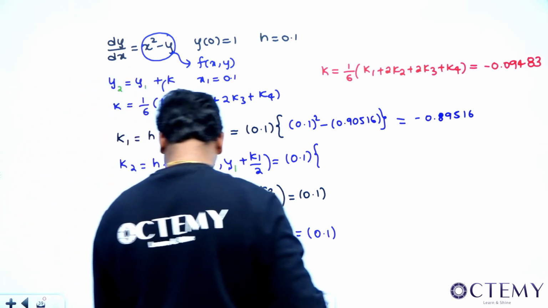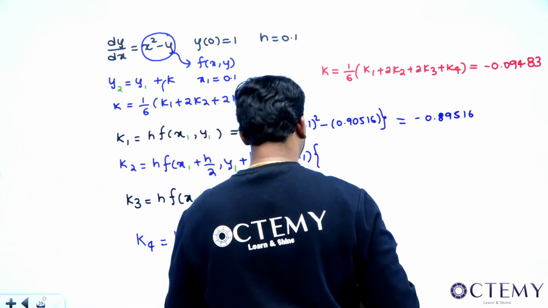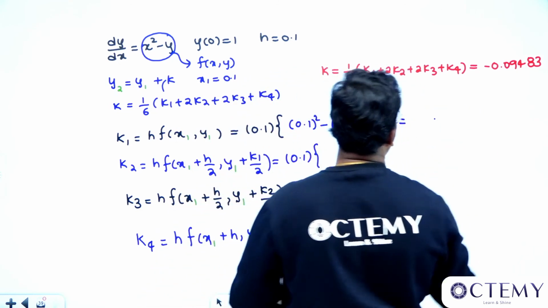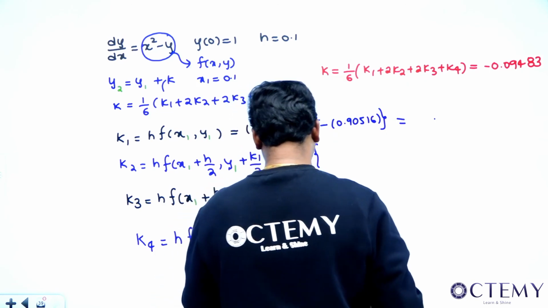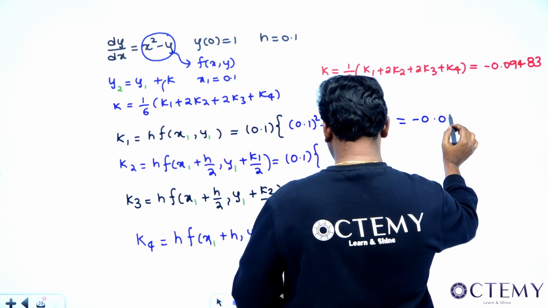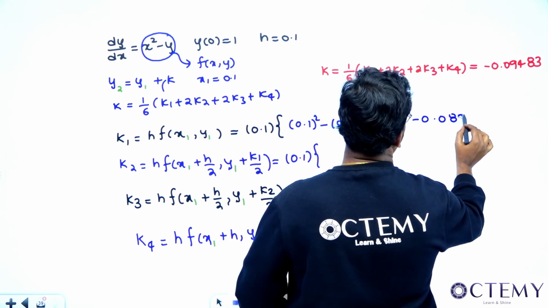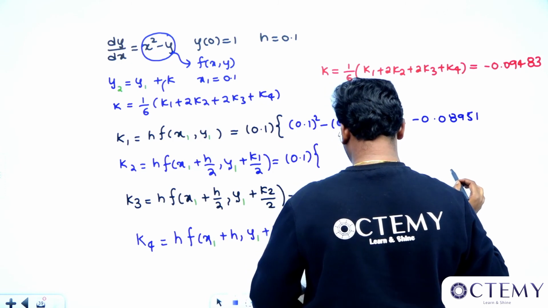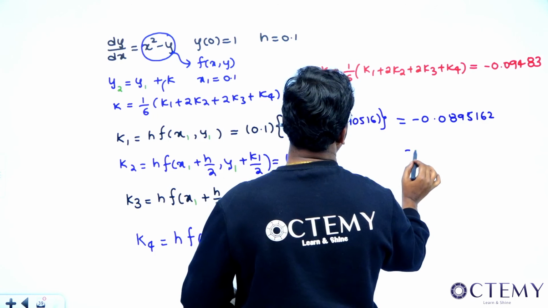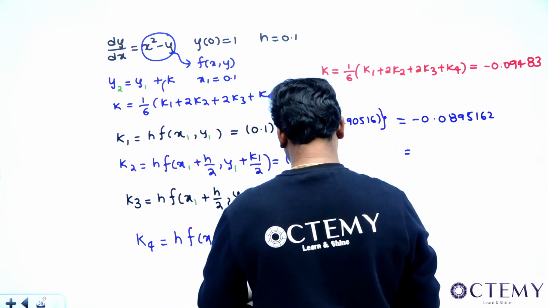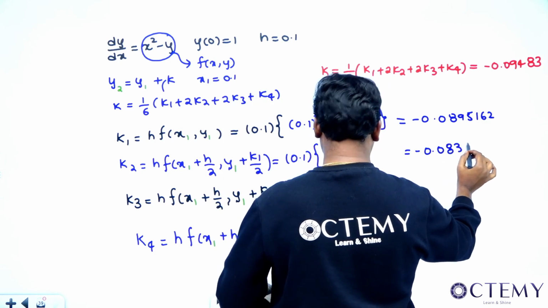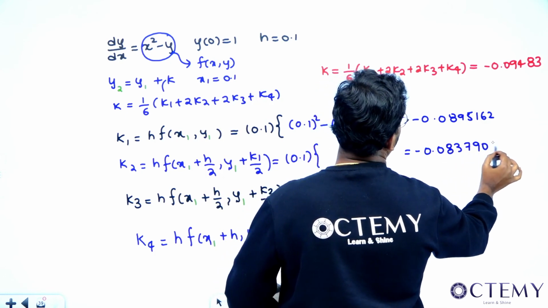Let me write K2. You are getting K1 as minus 0.0895162. Similarly, here your K2 will become minus 0.0837904. You know how to substitute all these values.